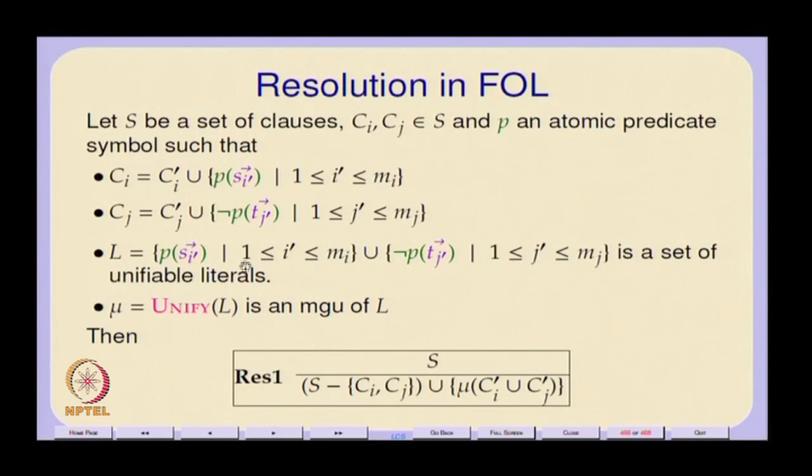I take the union of these two sets, except that, I am sorry, this negation should not be there. I take this union, remove the negation, and see whether this is unifiable.